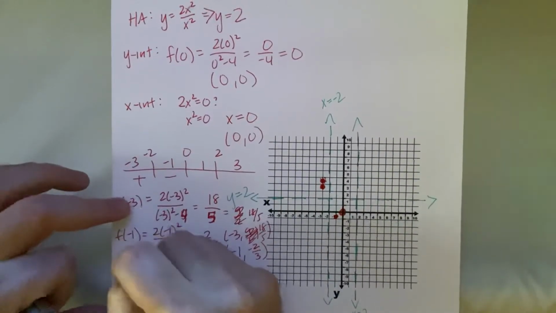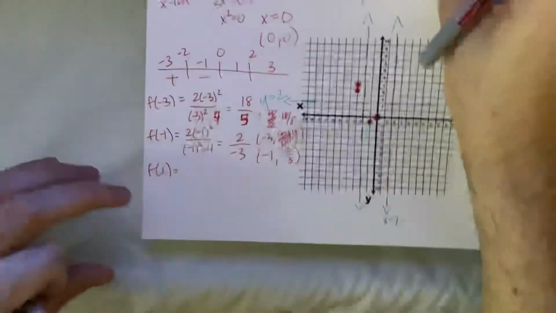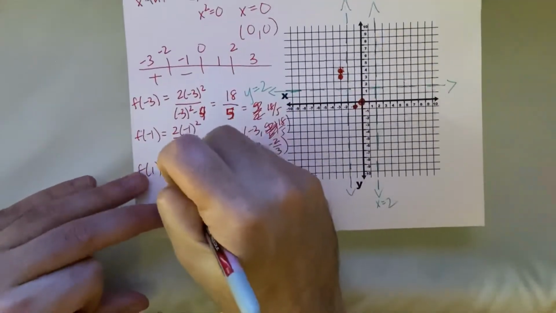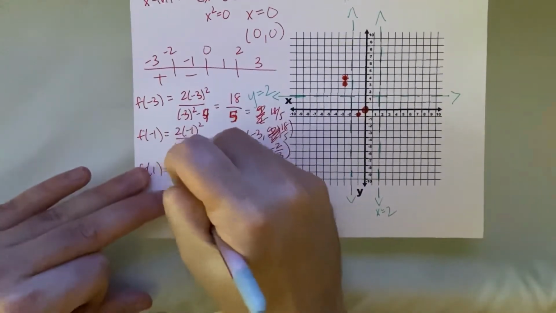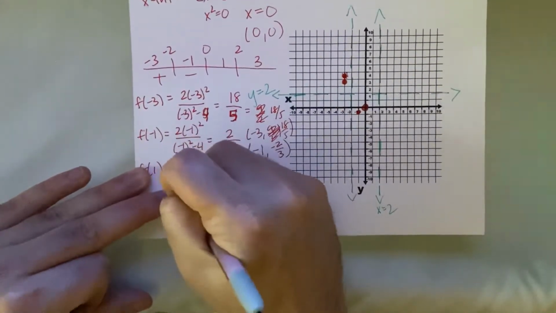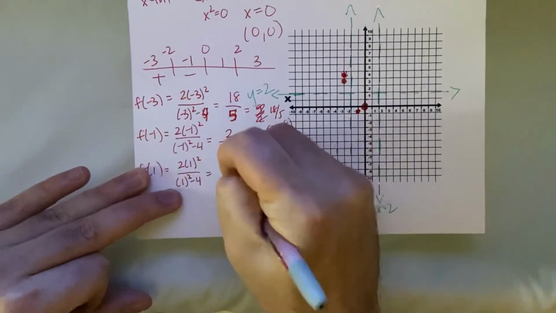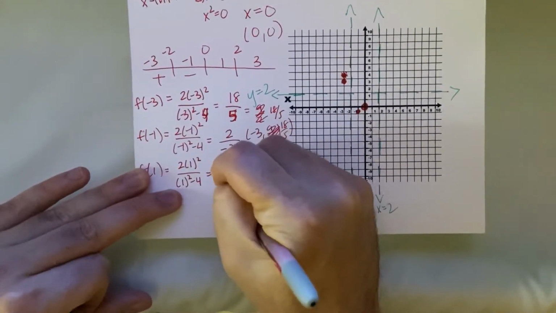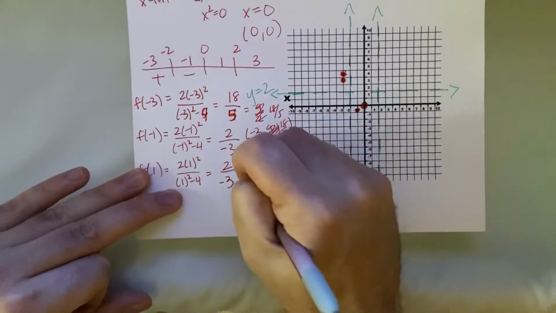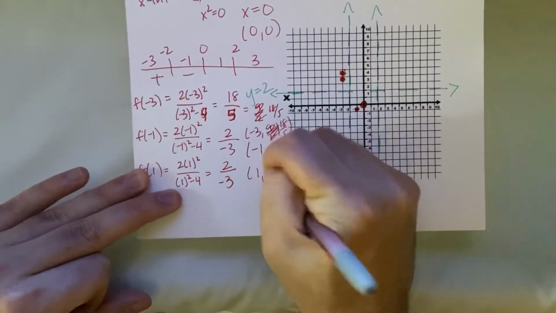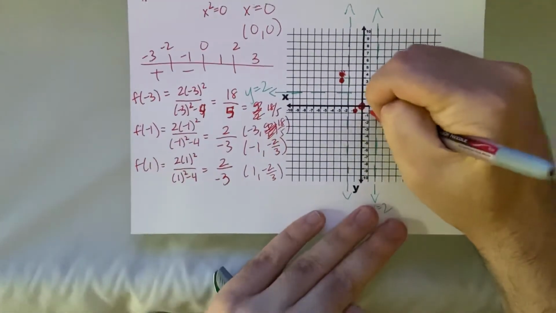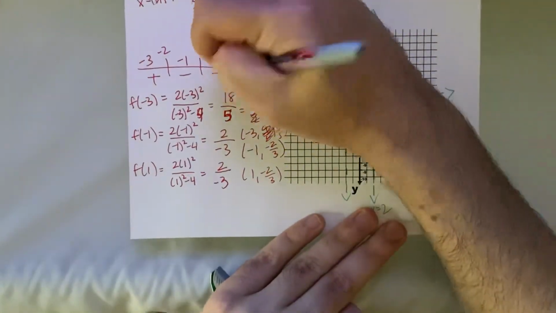F of 1 is going to be the same because all of our x's are squared. 2 times 1 squared over 1 squared minus 4 is 2 over -3. So we have the point 1, -2/3. So the same thing on the opposite side, also still negative.